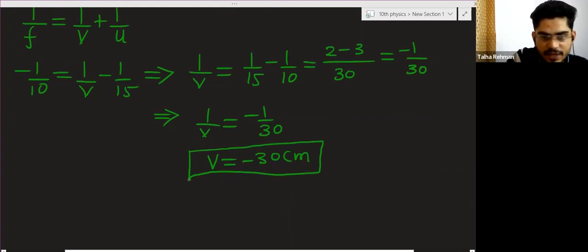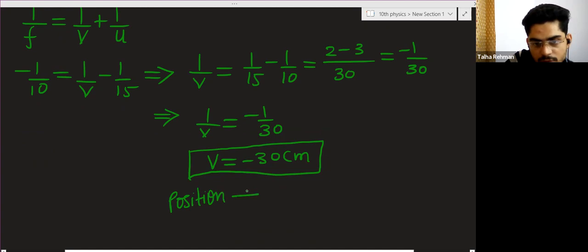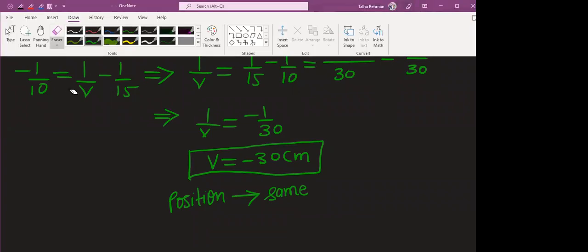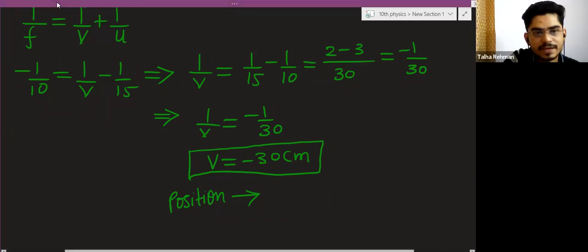So the image distance is negative. Here the distance of image comes out to be negative. So from here you can say the position of image is on the same side, or you can say in front of the mirror. Why I am saying this?